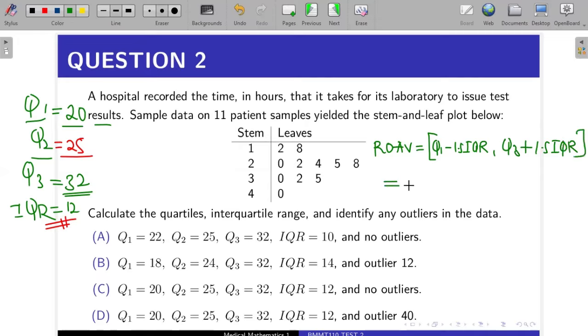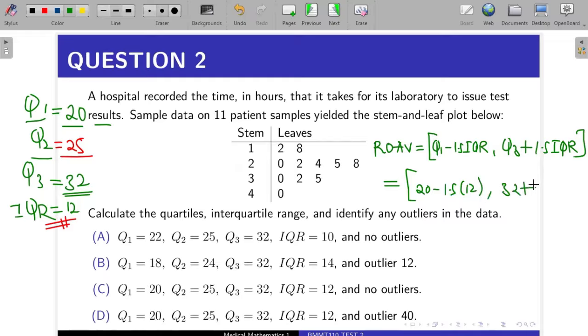So meaning the range of accepted values will be Q1, which is 20, minus 1.5 multiplied by 12, comma, and then the Q3 is 32 plus 1.5 multiplied by the interquartile range, 12.